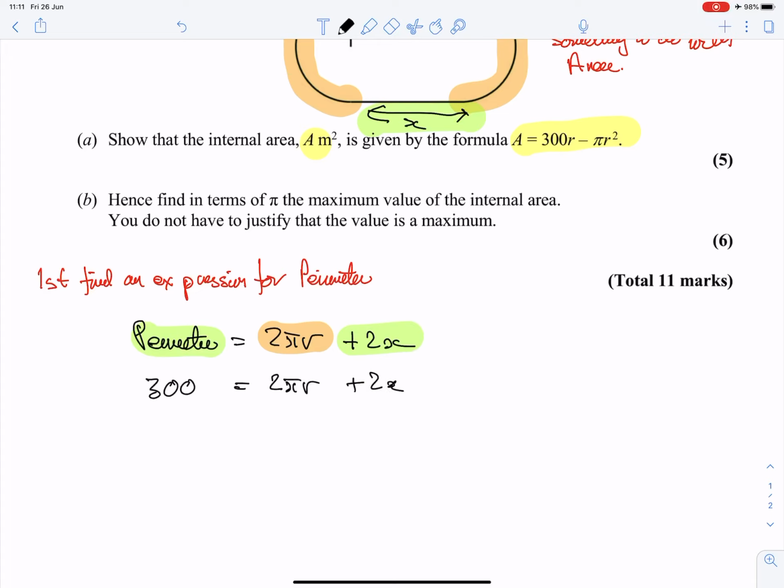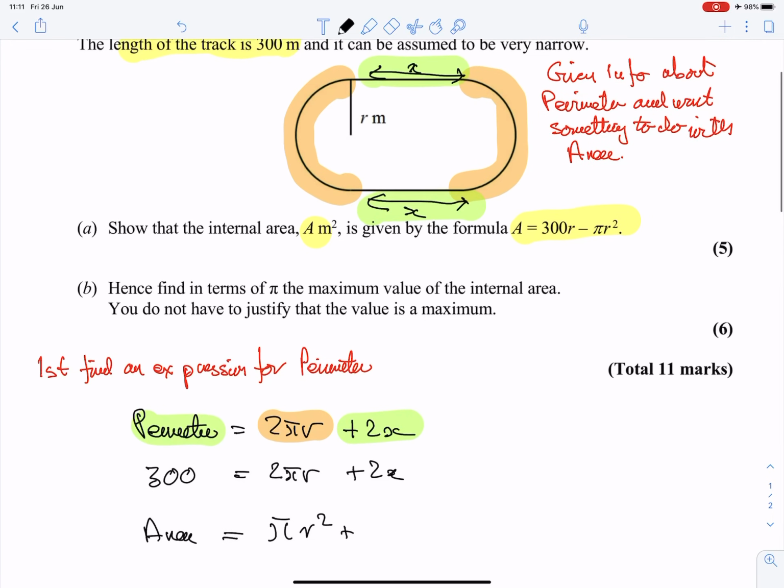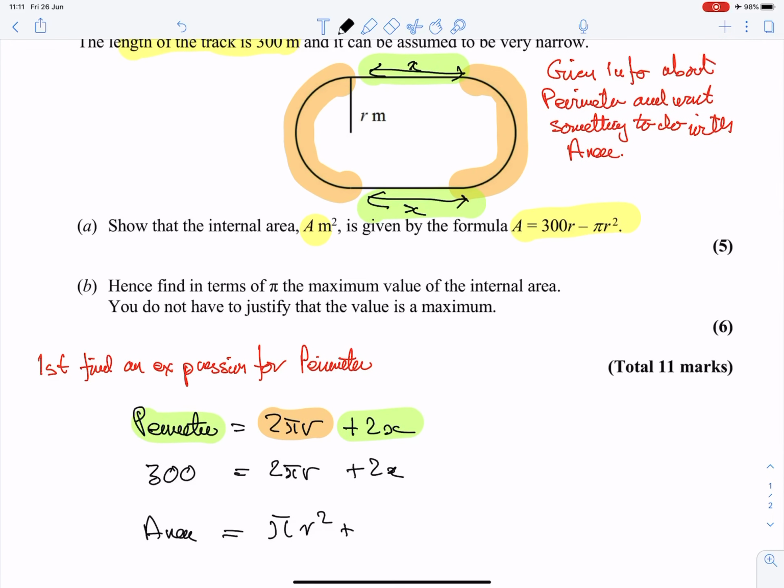Now what we're actually asked for is the area. So we need an equation for the area. The area is equal to the area of the circle, pi r squared, plus the area of the rectangle. Well, the area of the rectangle must be x times, and this length here is going to be 2r.